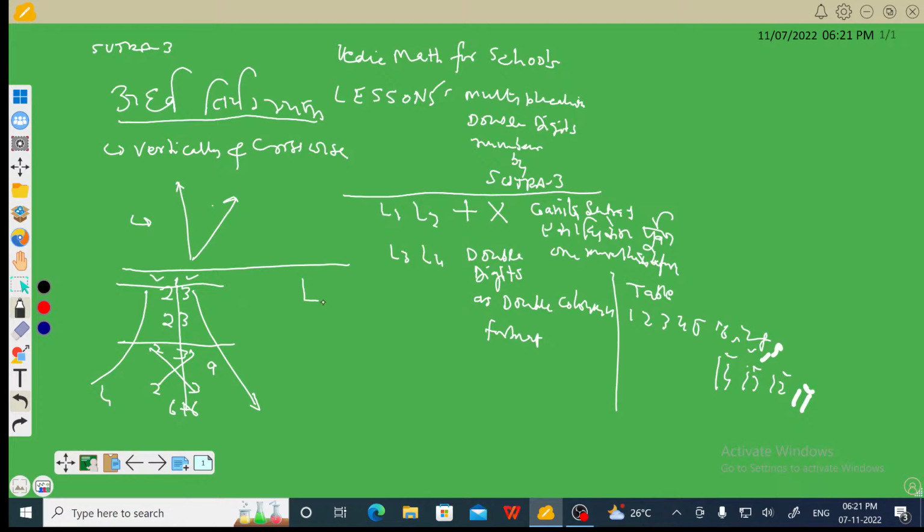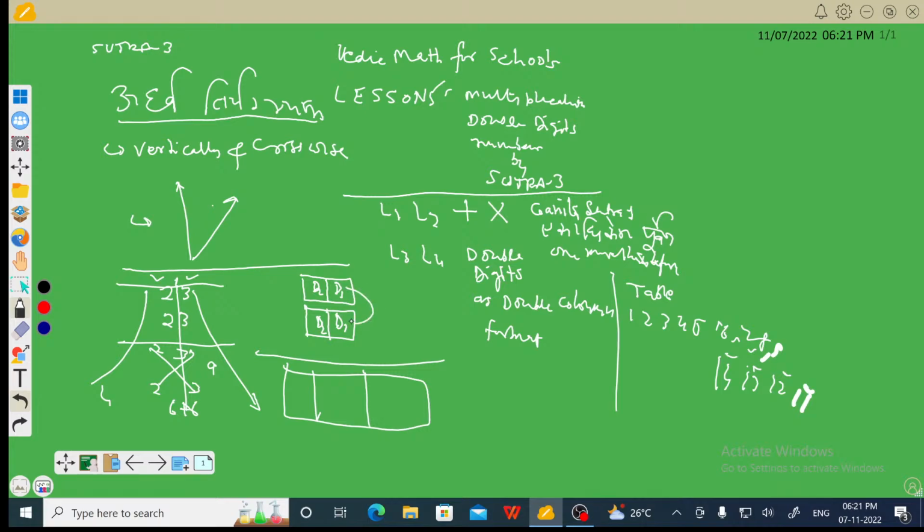So stepwise, if we want to multiply a two-digit number, say digit 1 and digit 2, with another number of double digits, digit 1 and digit 2, then this multiplication will be of the format of triple columns: the first column, middle column and the last column.